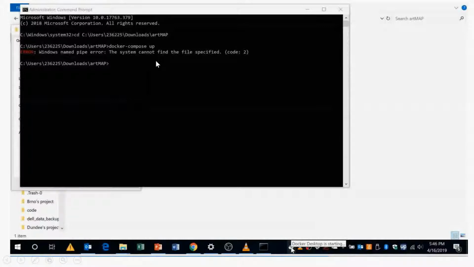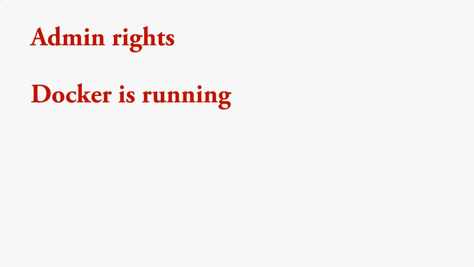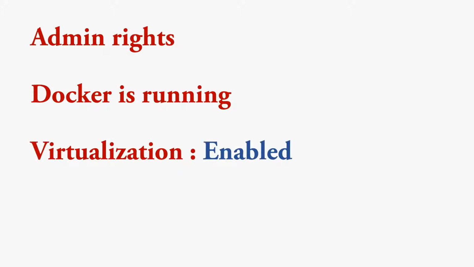So make sure that you have admin rights to install software on the desktop or laptop you are using. This is very important. The second thing is please make sure Docker is running. And the third important thing for Windows users is to have a look at the virtualization status. Make sure the virtualization status is enabled.